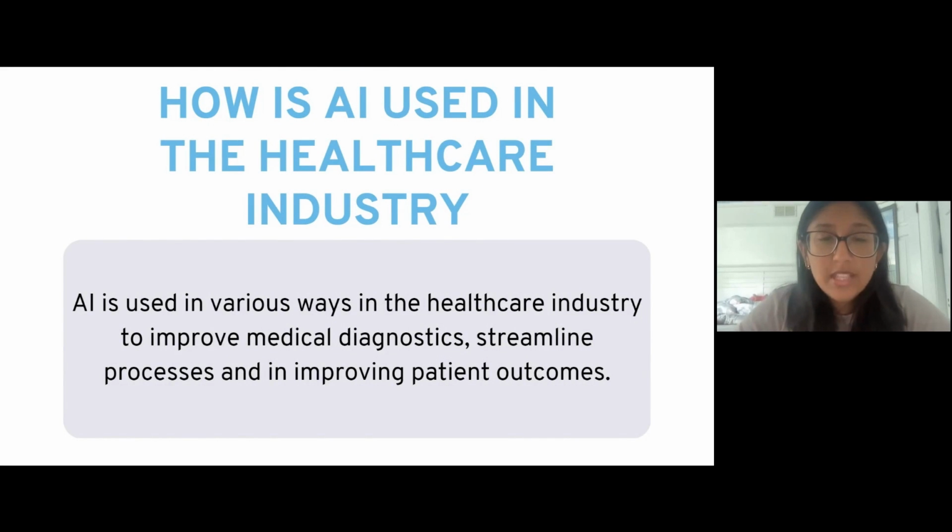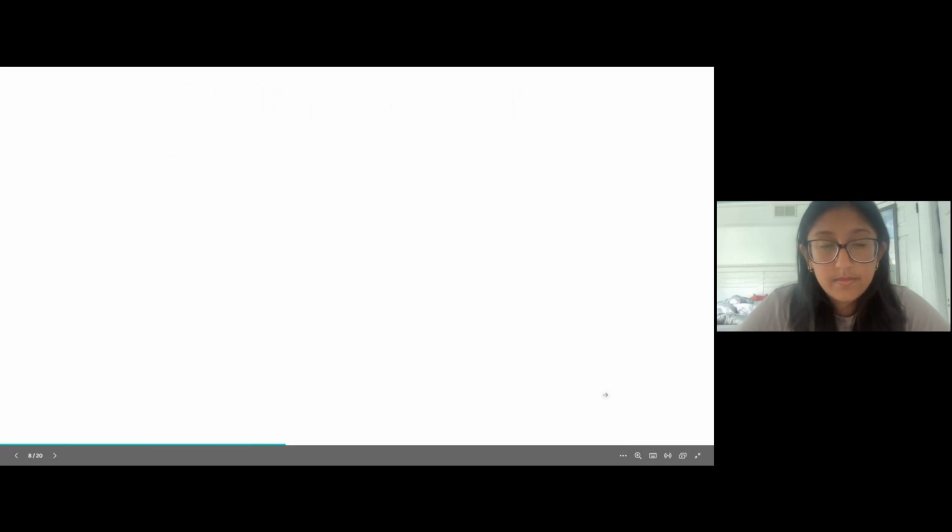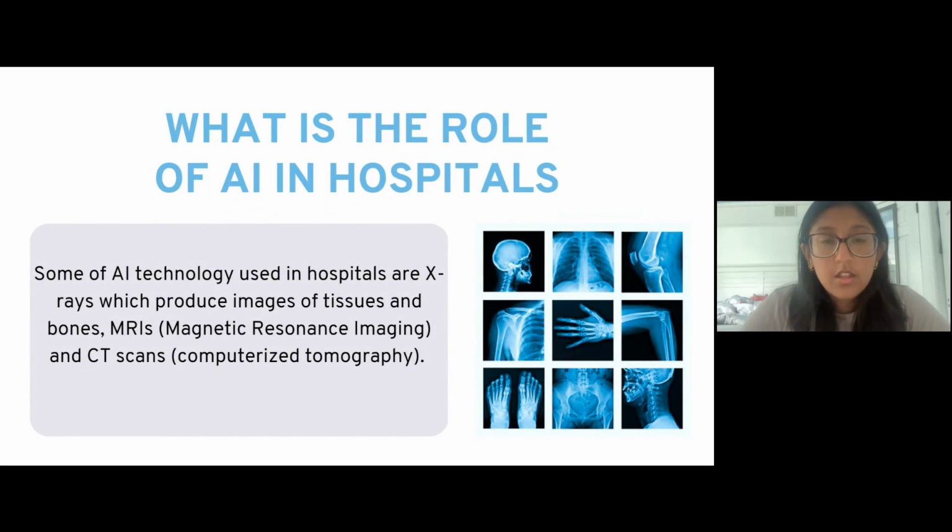Okay, so how is AI used in the healthcare industry? AI is used in various ways in the healthcare industry to improve medical diagnostics, streamline processes, and improve patient outcomes. So, what is the role of AI in hospitals?